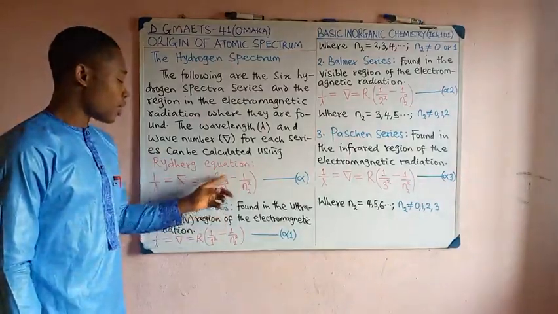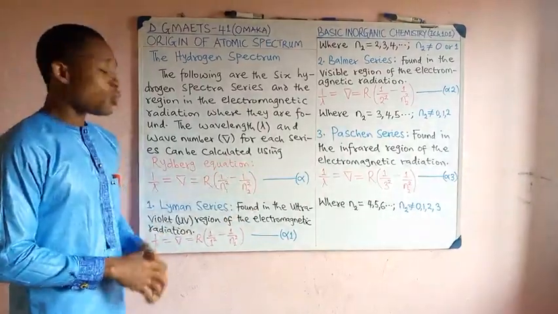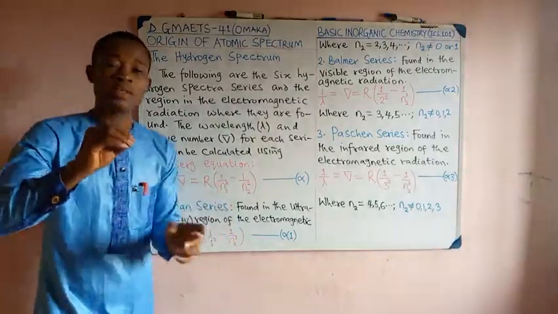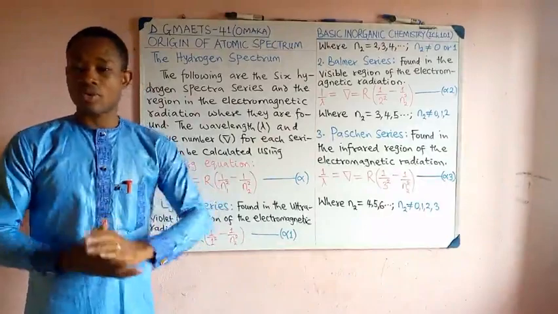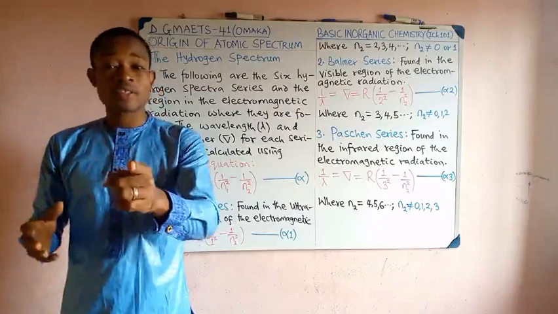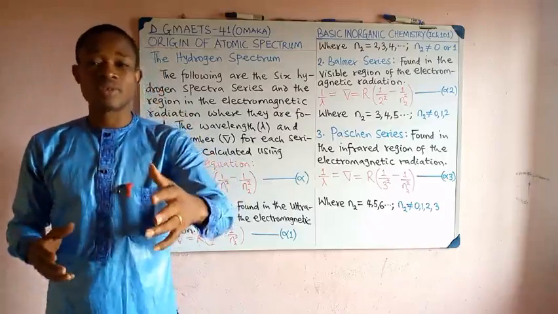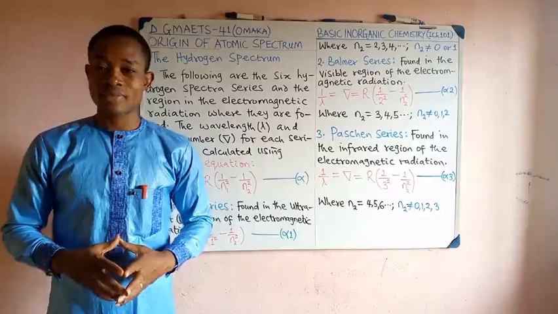Open brackets, 1 over n1 squared minus 1 over n2 squared. Where n1 here is always the position of the line you are dealing with in the hydrogen series. For example, when we considered Balmer, remember that Balmer was the second series. And so n1 in that case was equal to 2. Then we squared it.